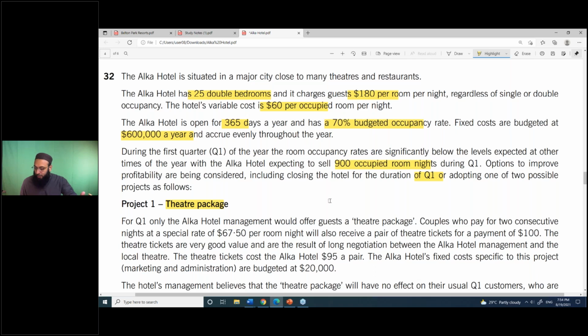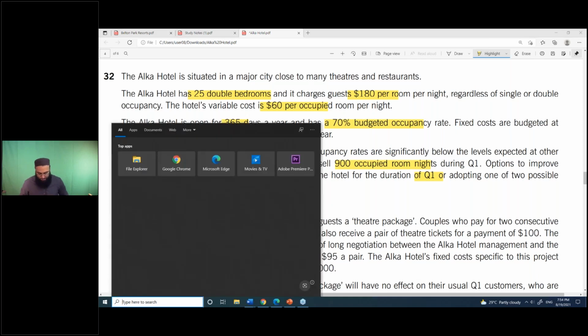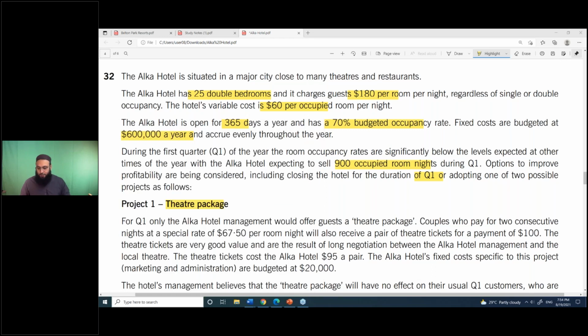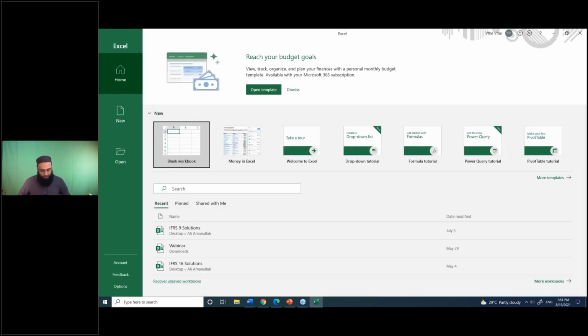So I will also use the spreadsheet to make it easy for you to grip this question. So this is the spreadsheet.